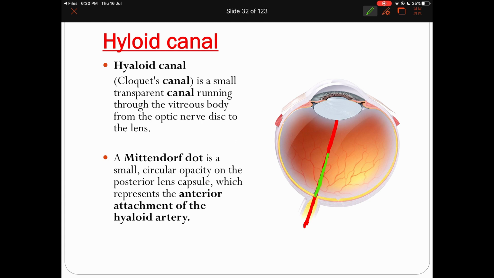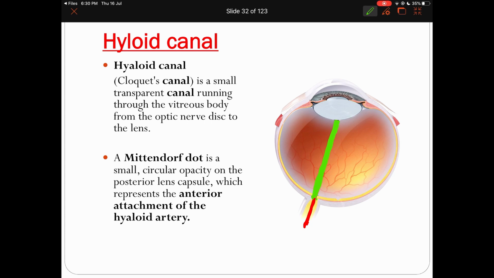You see that right from this pole, from the optic disc up to the posterior capsule, at the center, a little nasal to the center, this will be obliterated. So inside you will have a transparent canal. This canal is called the hyaloid canal, running through the vitreous from the optic disc up to the lens.